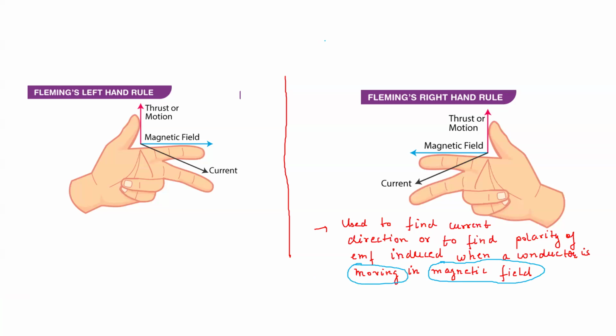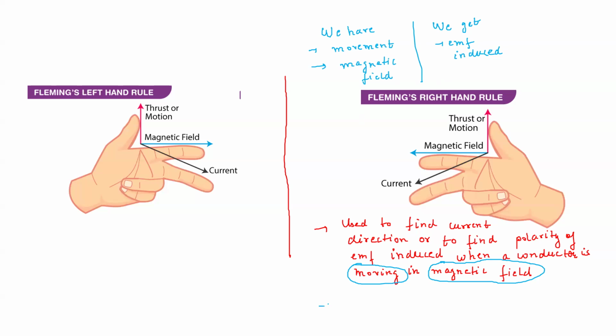So we have movement, we have magnetic field, and what we get is EMF induced. Okay. So for finding out the direction of the induced EMF, we use Fleming's right hand rule.